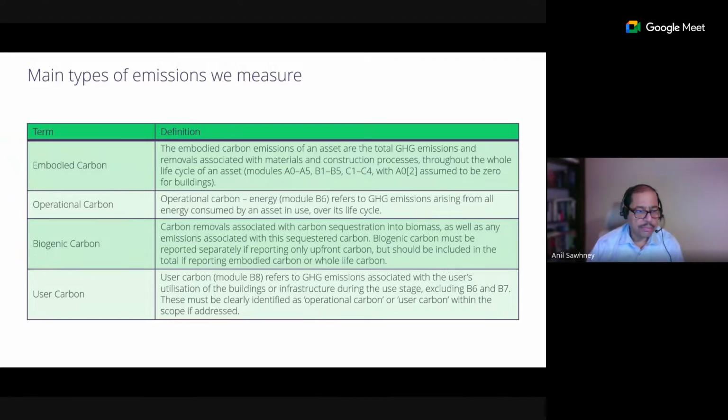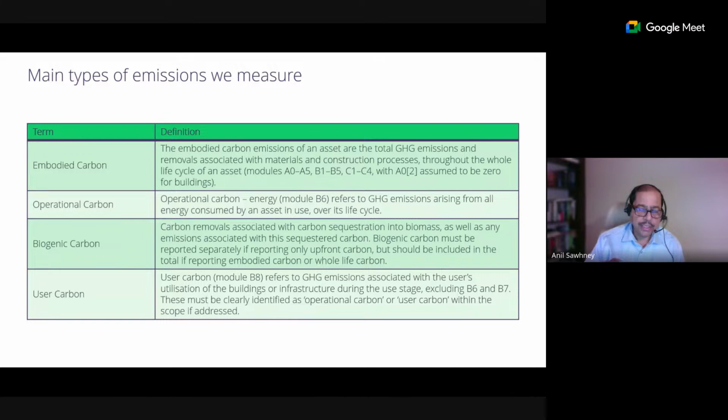There's another type of carbon that we're going to be talking about that's called biogenic carbon. These are carbon removals associated with carbon sequestration into biomass, as well as any emissions associated with this sequestered carbon. Most WLCAs, the assessments that you will do, you will calculate biogenic carbon separately and report it separately.